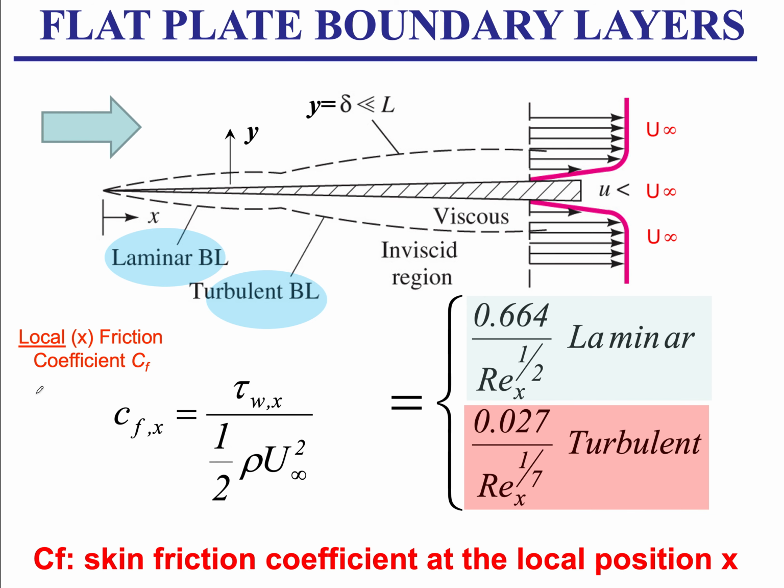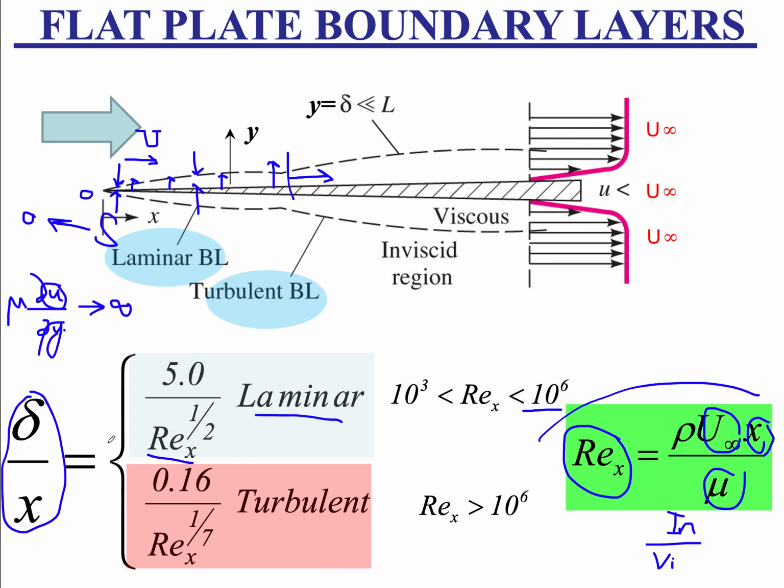So let's look at the shear stress. Here the shear stress tau is reported as a skin friction coefficient. This is a local coefficient, so when I have Re x, that means it's the local Reynolds number at a location x from the leading edge.